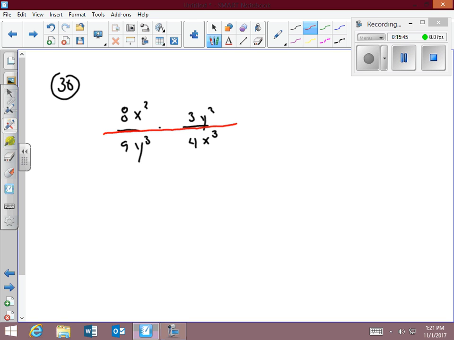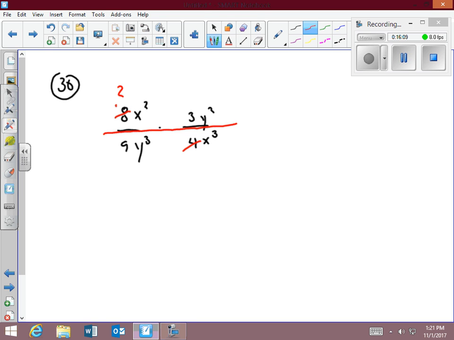First, let's start in the numerator. We have an 8 right here. Is there something in the denominator I could use to cancel with it? The 4. You see, 4 will go out, and if you take a 4 out of 8, you have a 2 left, right?